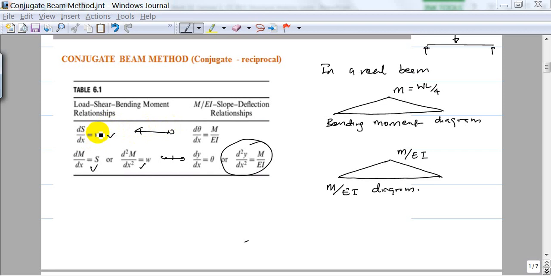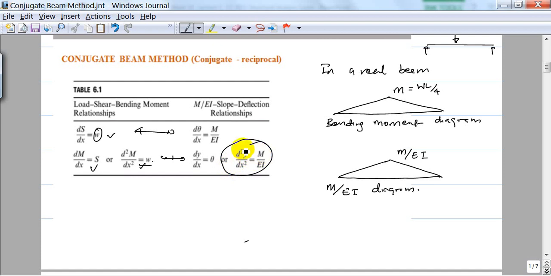So the load in a real beam is similar to M over EI in a conjugate beam. If you consider M over EI as a load on a conjugate beam, the shear force of that conjugate beam is going to be your slope, because it is d theta over dx. So the shear force of a conjugate beam is going to be your slope. That's what this equation says.